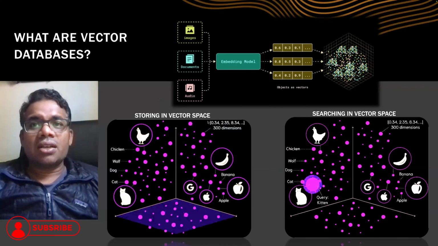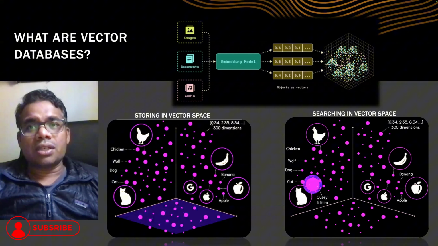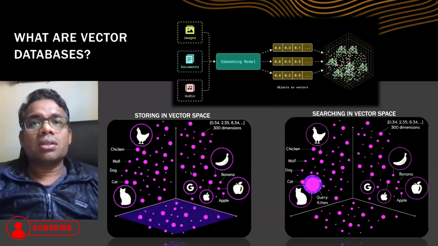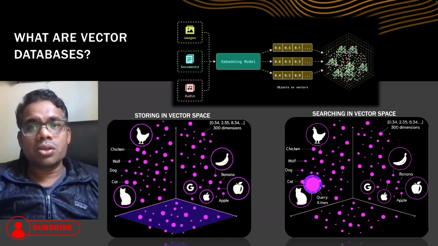It has an array of numerical values. Accordingly, it identifies where the new information should be stored, finding the nearest numbers available in this array and deciding where to store.